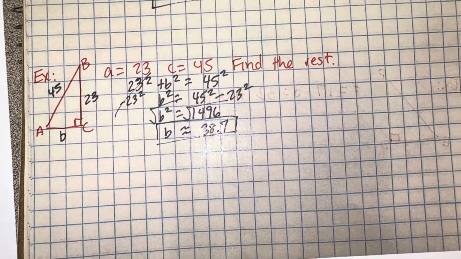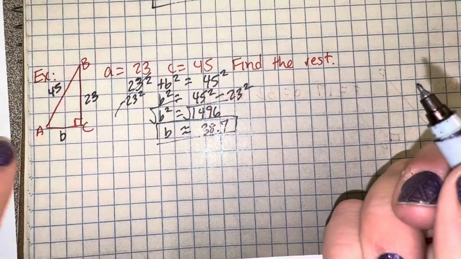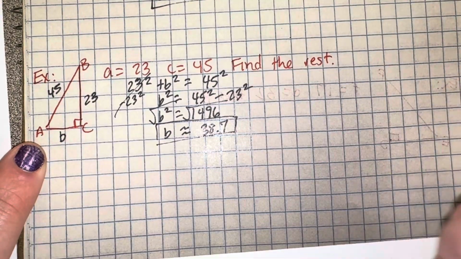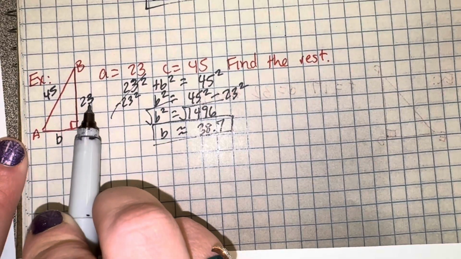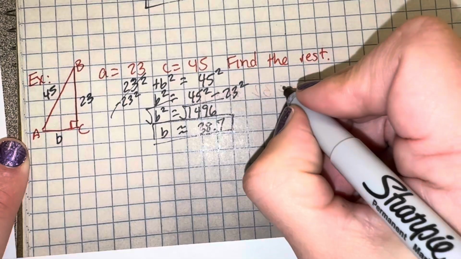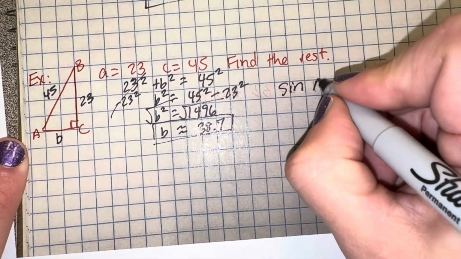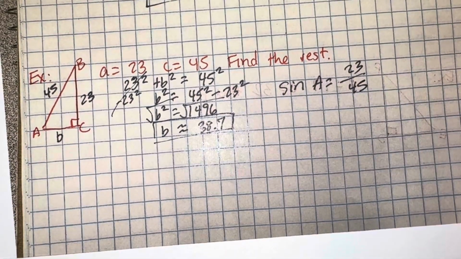And now I need to find my angles. I have these two sides, so I'm going to use those to find my angles. I'm going to start with angle A. The relationship of these numbers to A is my opposite over my hypotenuse. SOH is my sine, so I'm going to say my sine of A equals opposite over hypotenuse.